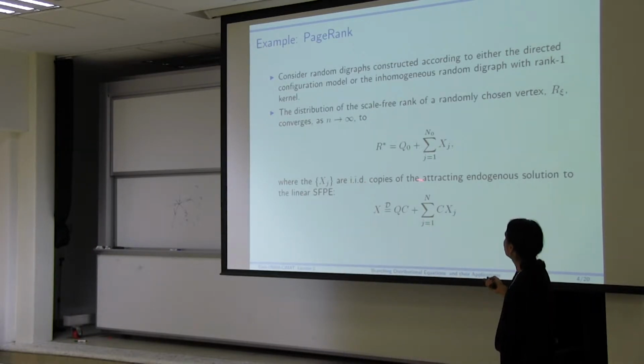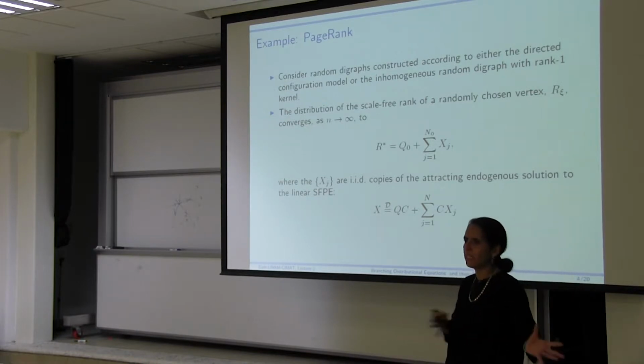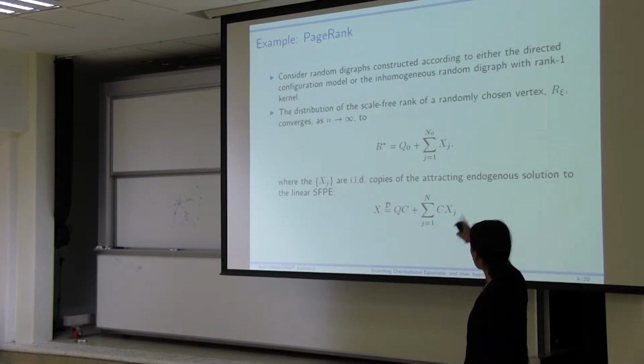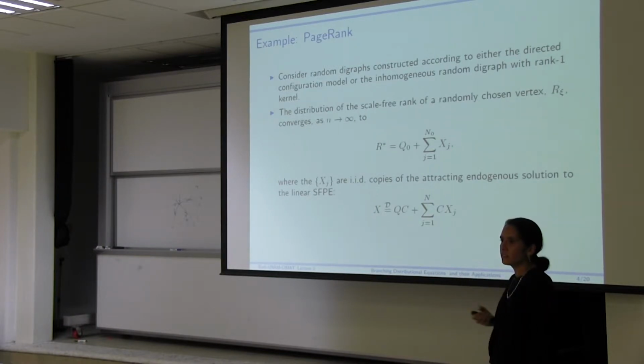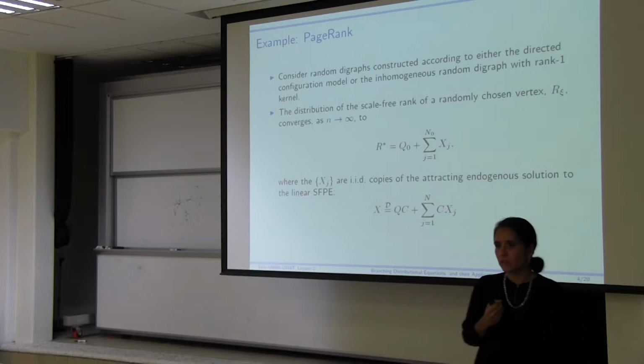Then it will satisfy this sort of representation. This is the most general representation for graphs where you have lots of dependencies between in and out, and it's the most elaborate case, where the rank of a randomly chosen node can be written as a linear combination of some random variables X_j, where the X_j satisfy the smoothing equation.